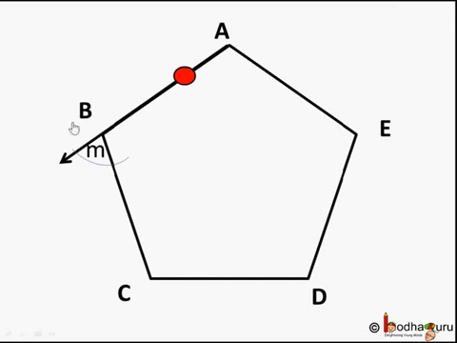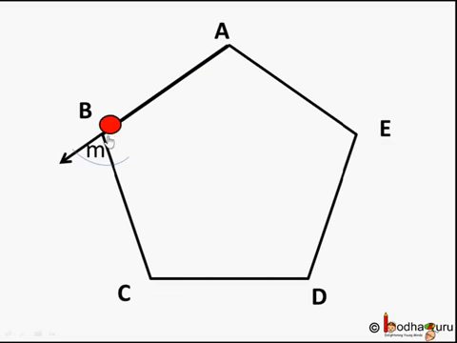Let's say here is a pentagon-shaped park and somebody is walking on the periphery, on the boundary of this park. Starting from this point, the goal is to come back to this point while walking on the boundary. So I start from this point and keep walking.